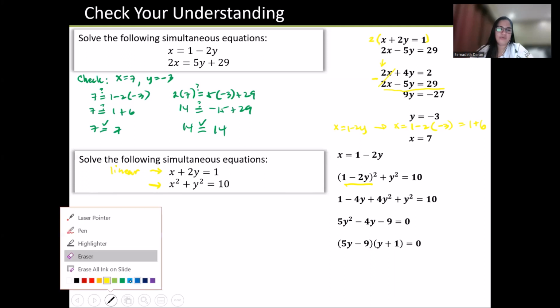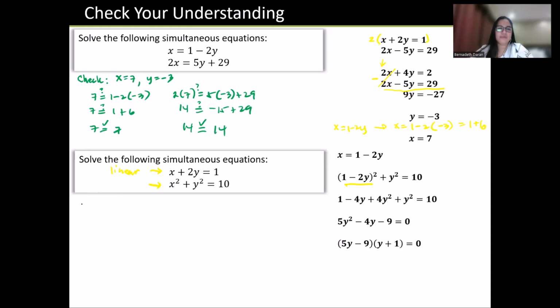We are not going to use x because the given is y. So the quadratic formula is y is equal to negative b plus or minus square root of b squared minus 4ac, over 2a.